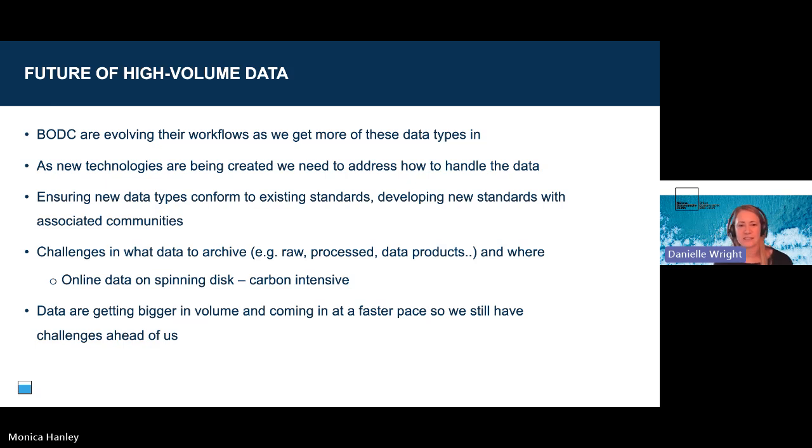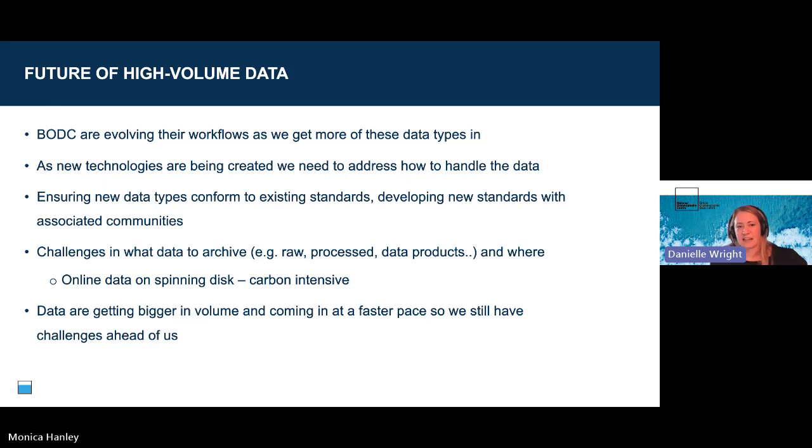There are always new technologies developing at a very fast pace these days, and we need to be very adaptable in how we handle all of these data types. We must make sure that we are conforming either to existing data standards or that we're involved in the conversations with associated communities in developing new standards. And that's been particularly evident on the imagery side in the last year or two.